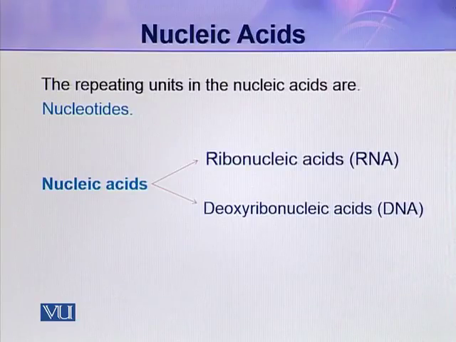mitochondria. As you know, the protein sequence, the sequence of amino acids in a protein molecule, depends on the nucleotide sequence in the DNA molecule. So the DNA molecule describes the amino acid sequence of a protein. Similarly, the nucleotide sequence of an mRNA is dictated by the nucleotide sequence of DNA.